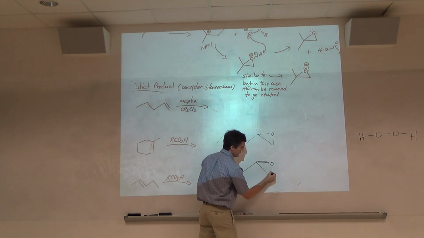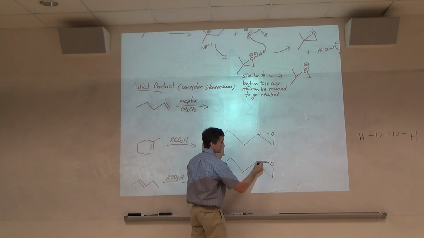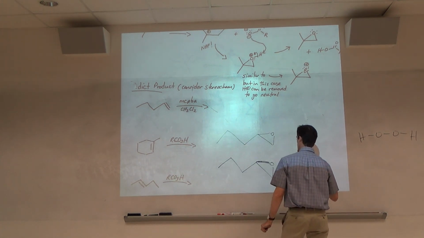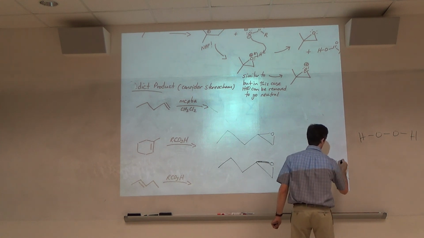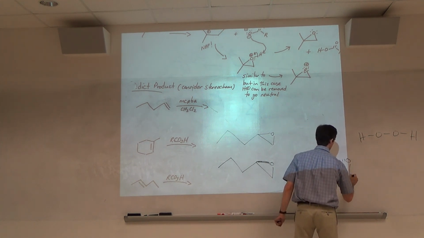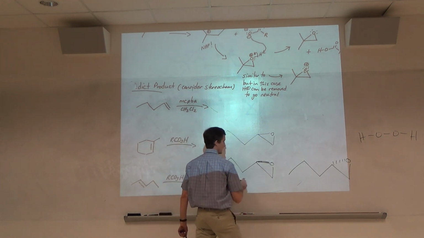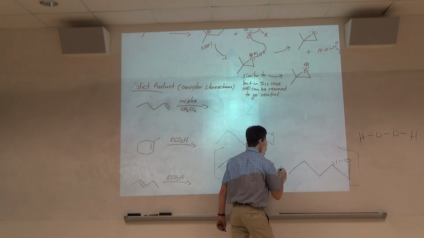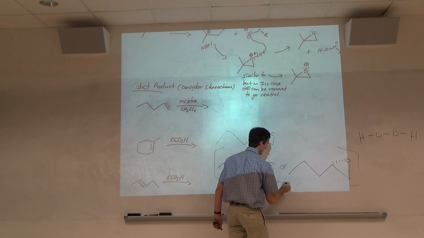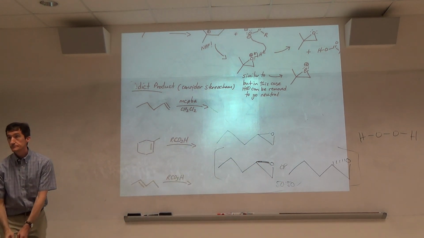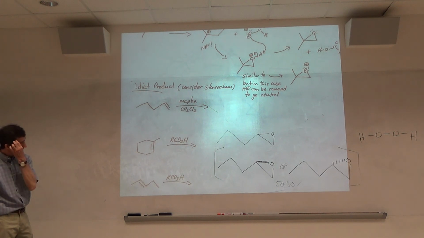Now, I'm not going to draw that one forward at all for a particular reason. But you can also draw it back. That's going to be 50-50. Why is it 50-50?